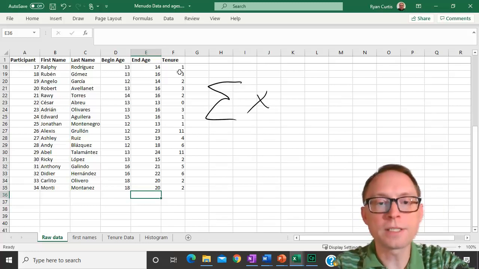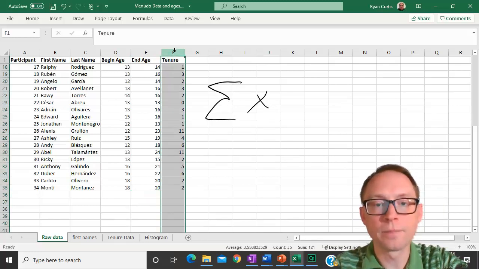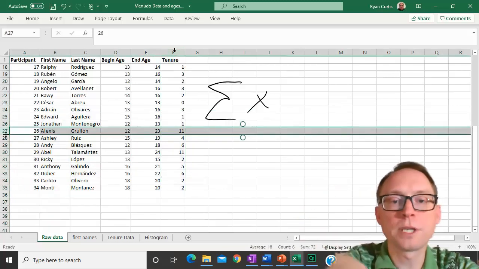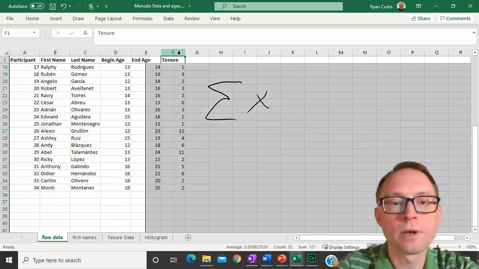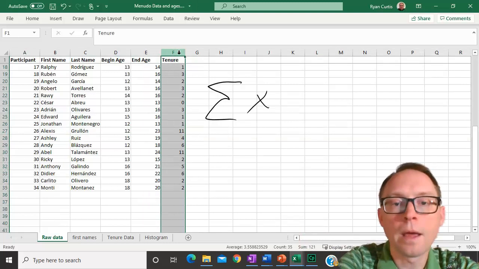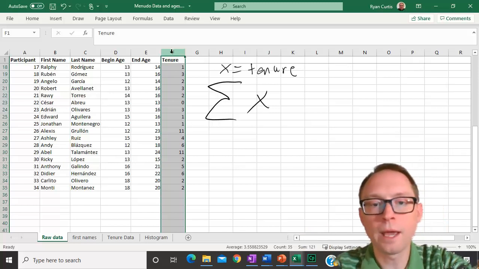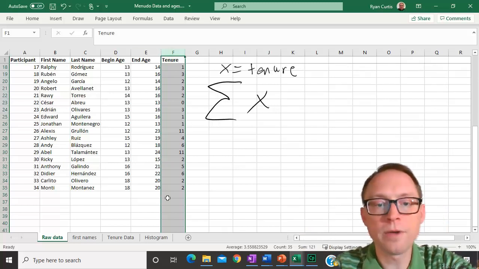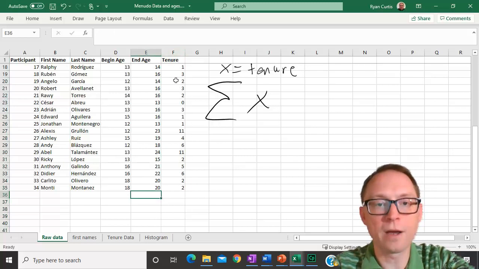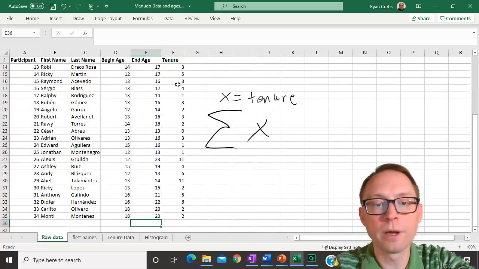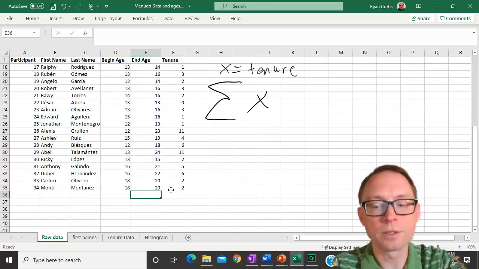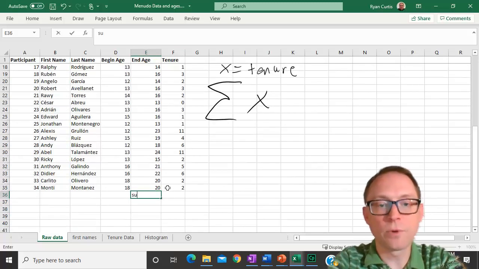Now in this case, let's let x be your tenure. X equals tenure. So give me the sum of x. What we do is we just add up all of these tenure scores, right? We add up how long everybody was in Menudo, how many years. That's all that's asking for.